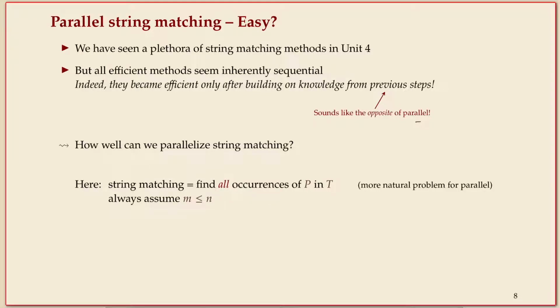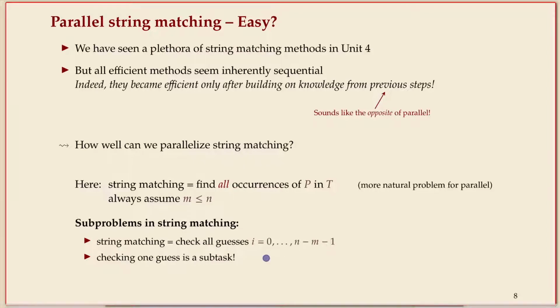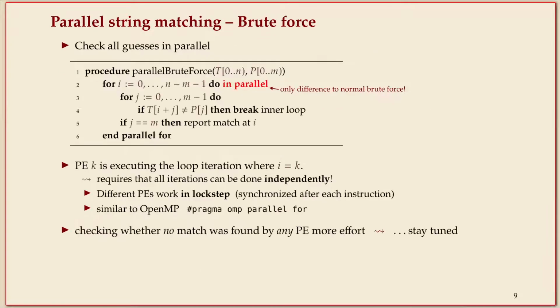That's a bit more natural in the parallel setting. And then it's natural to define subproblems as checking individual guesses. So we have some way of defining subproblems that comes from string matching, and we could say that checking one guess is a subtask. So let's try the easy thing.